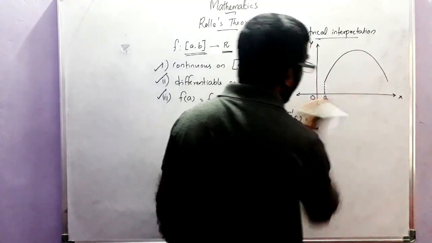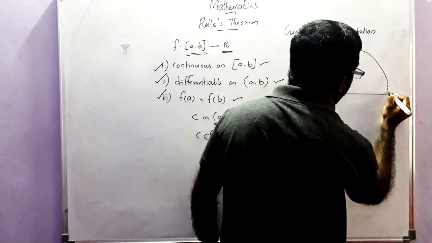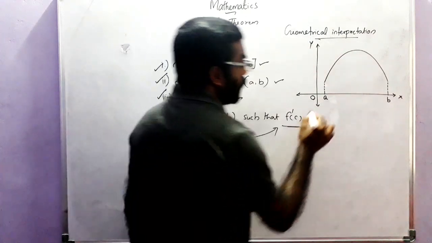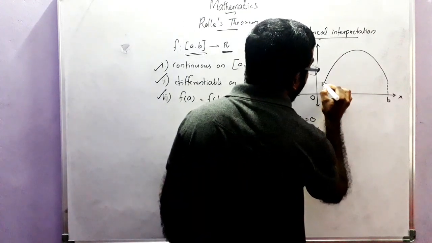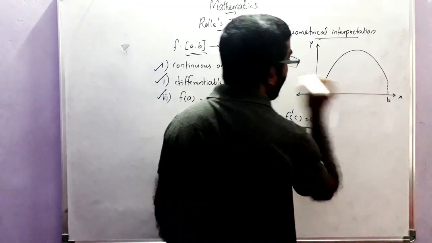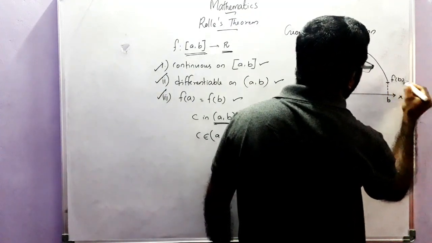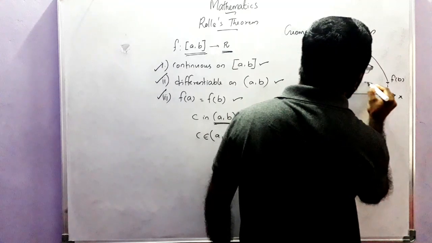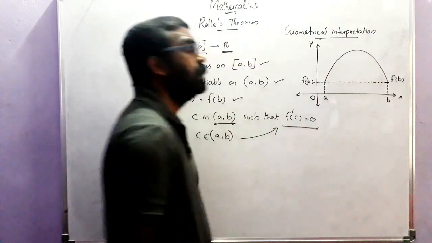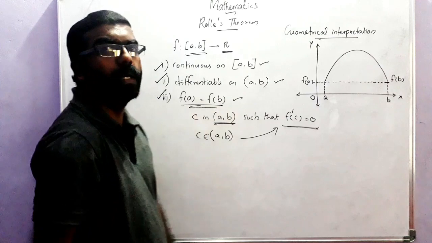Consider this point as A, and here also we can draw a perpendicular and take this point as B. Now here the image of A is f of a, and the image of B is f of b, and both lie on the same line. That means f of a and f of b are the same. The third condition, f of a is equal to f of b.